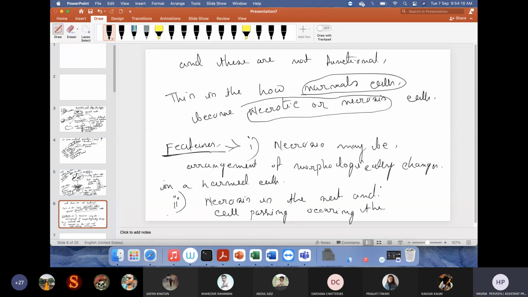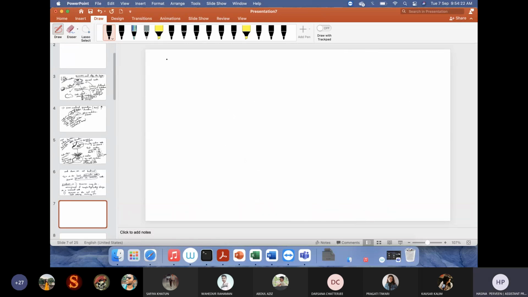So necrosis is the net cell passing, occurring in the setting of irreversible exogenous injury.